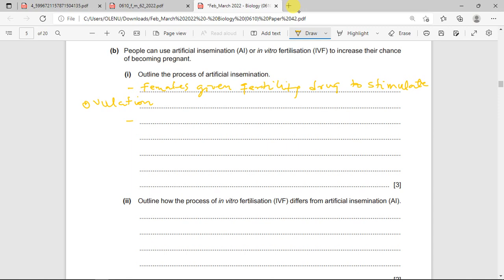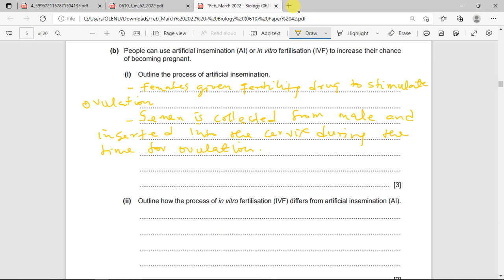Then next, semen is usually collected from the male and inserted into the cervix during the time for ovulation.